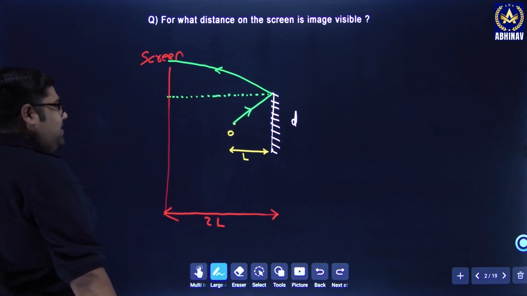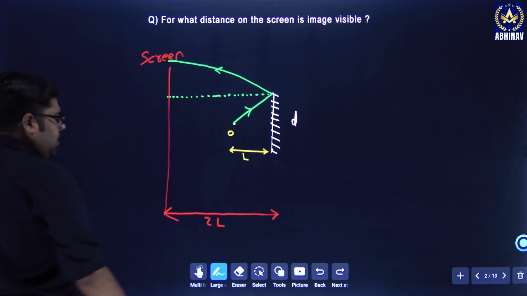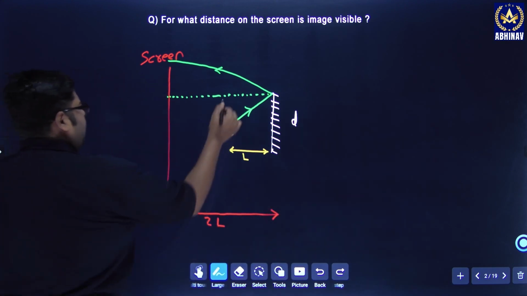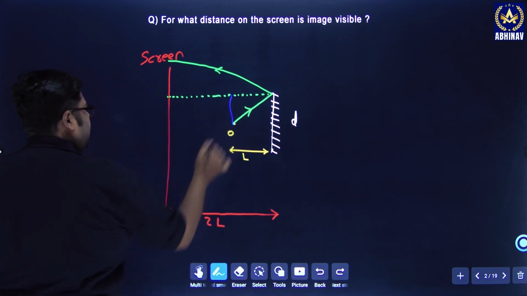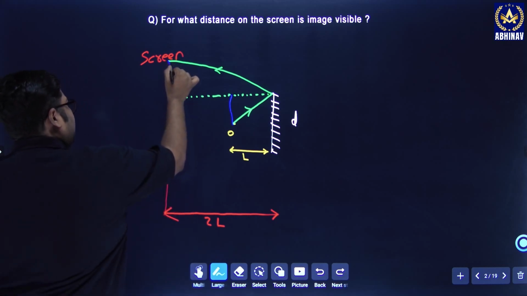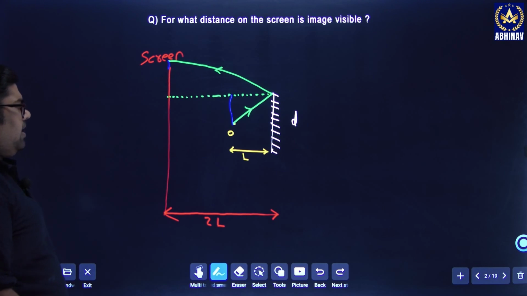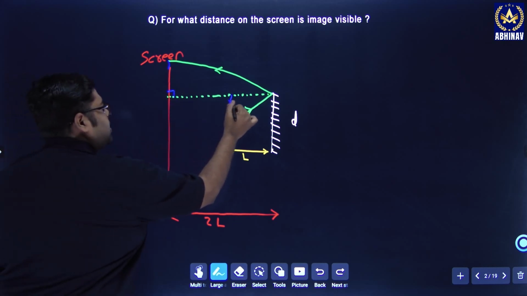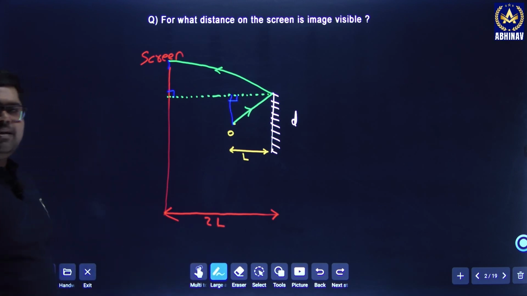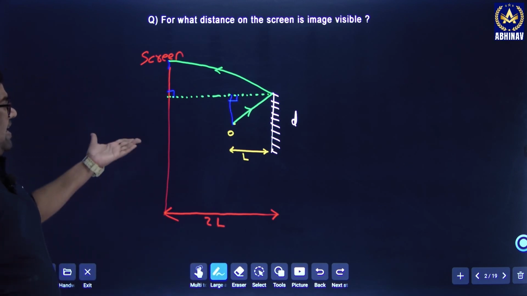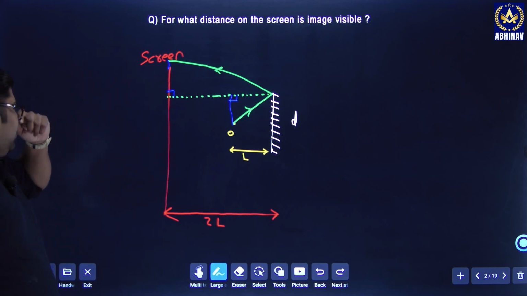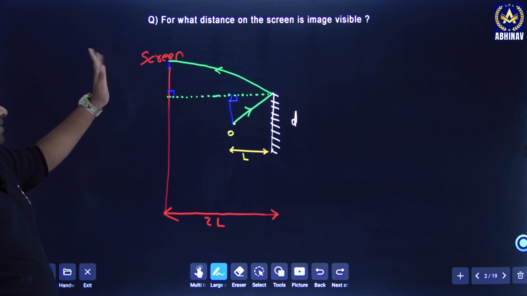We have extended this normal, and let us complete the diagram so that we get two triangles over here. This is one of the triangles, and as you can see, this is another triangle. Now, both these triangles are similar to each other by the AA test, that is the angle test, but we don't need to go into the details of that. Just the two triangles are similar by some test.